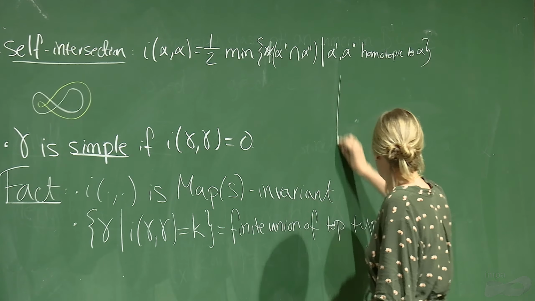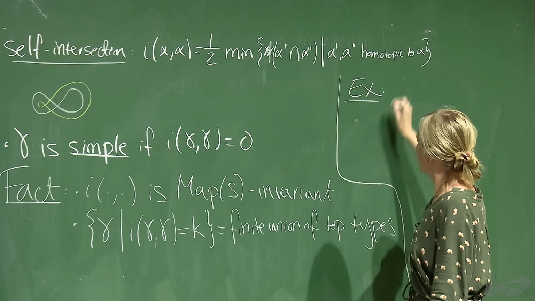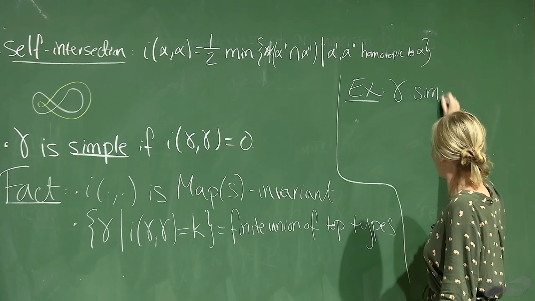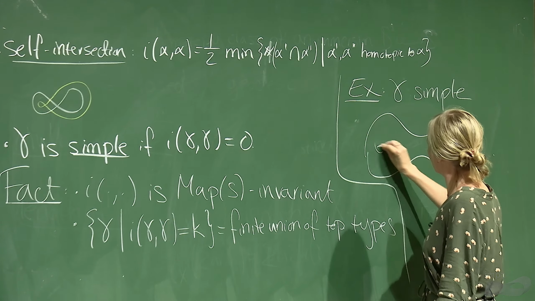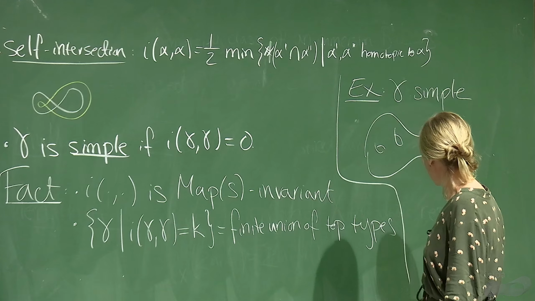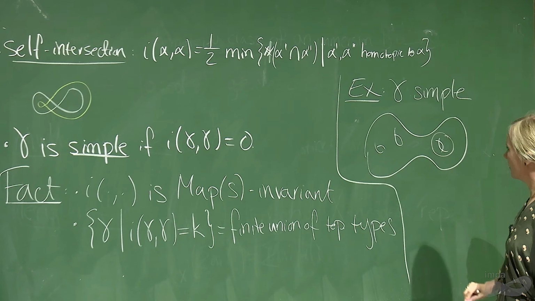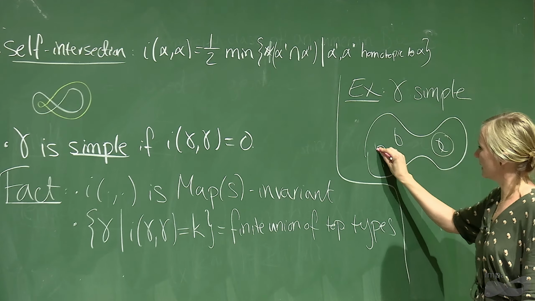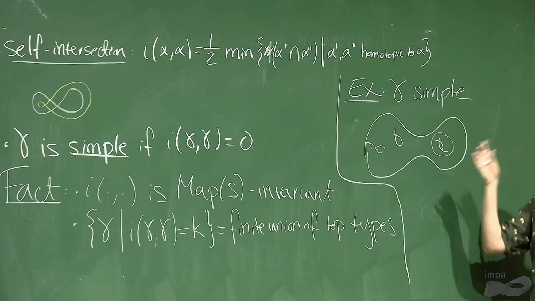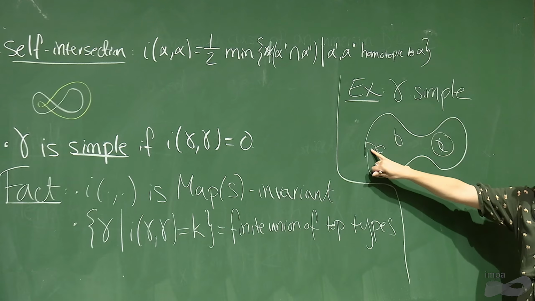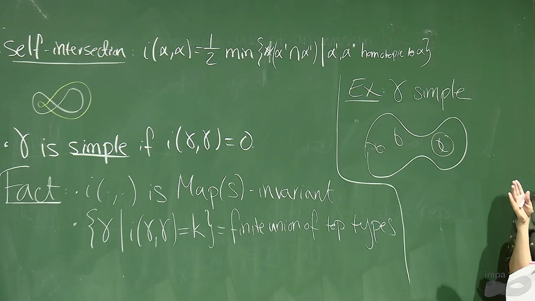So maybe some examples. If gamma is simple, just to get a sense of what it means to be of the same topological type, then we have a genus g surface. If I take some geodesic that doesn't disconnect my surface, and cut along it, then for example, I will get a genus 2 surface with 2 boundary components.